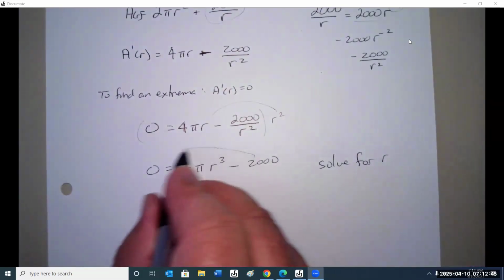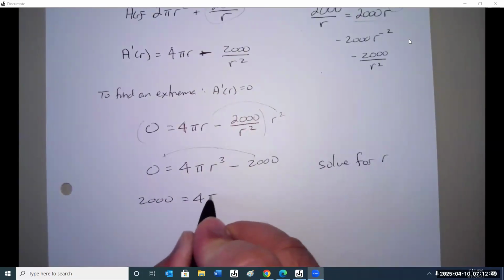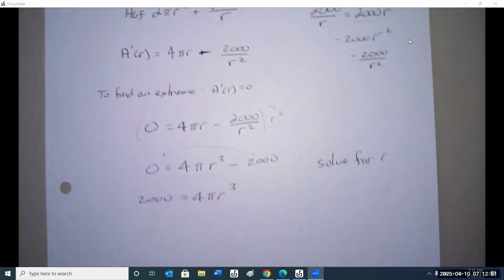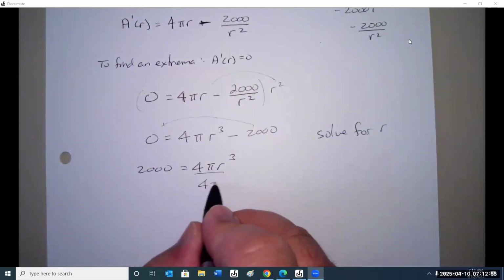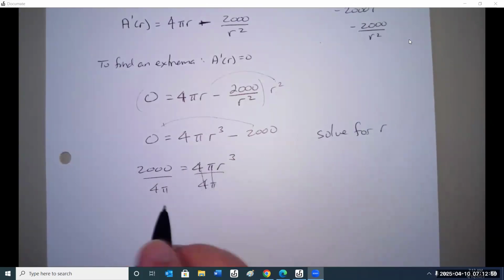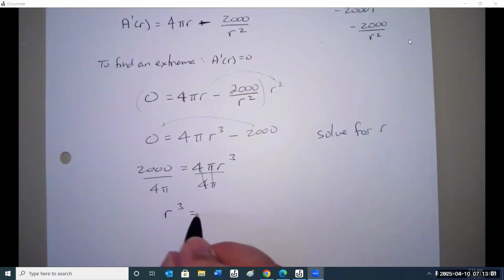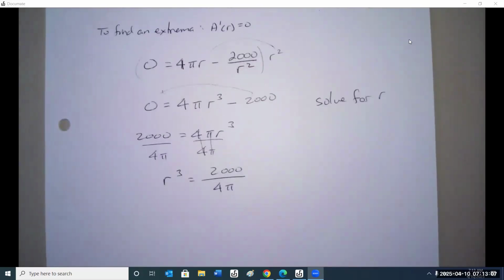So move the 2000 over, equals 4 pi r cubed. Divide by 4 pi. So r cubed is equal to 2000 over 4 pi.